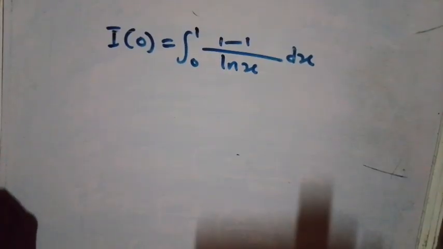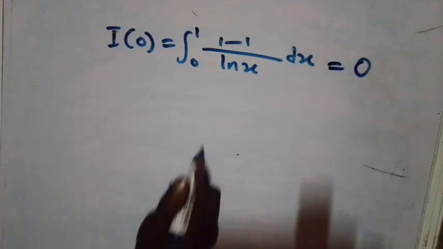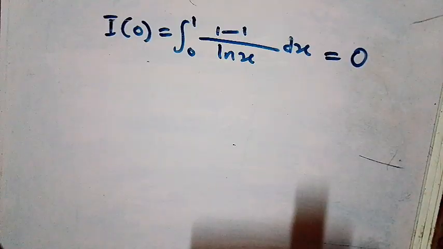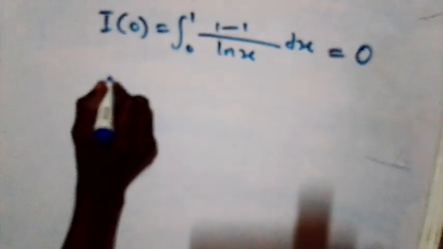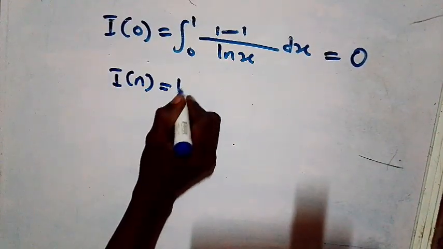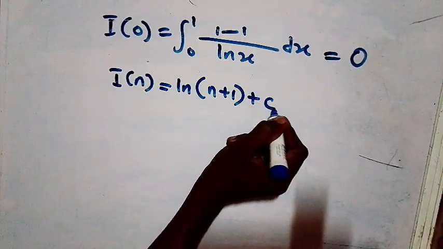So this one will result to 0. 1 minus 1, 0 value. So if this is equal to 0, then from the solution, I(n) equals ln(n+1) plus c.